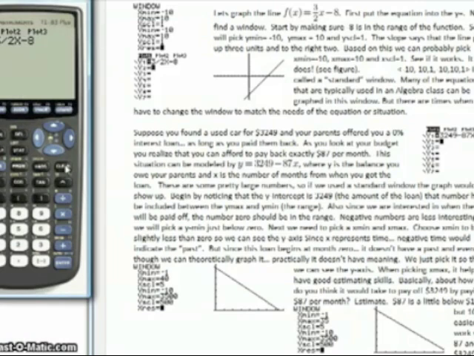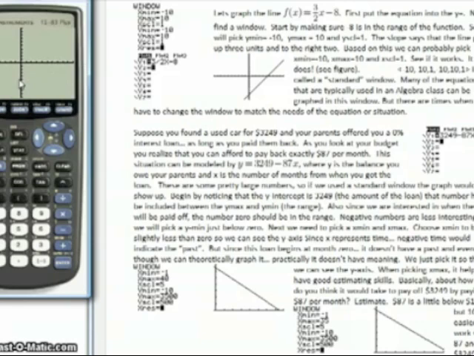Again, you go to your y equals, clear out this line, and we'll put 3,249 minus 87x, and what you'll see is when we push graph in this window, we don't see anything. Well, that's because way up above somewhere here is where the y-intercept is, and the slope doesn't bring it down fast enough for us to see it in this particular window.